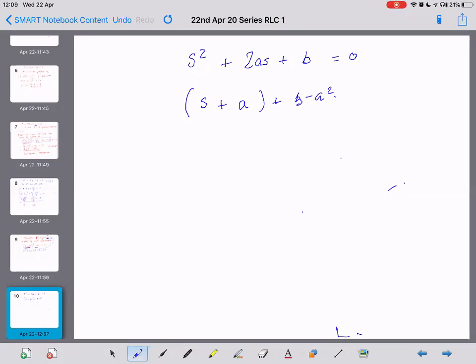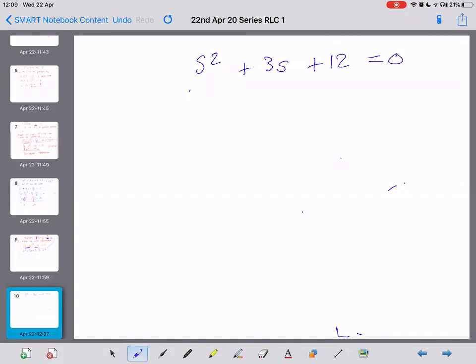Yeah, a little bit. Let's try another example with numbers. s squared plus 3s plus 12 equals 0.